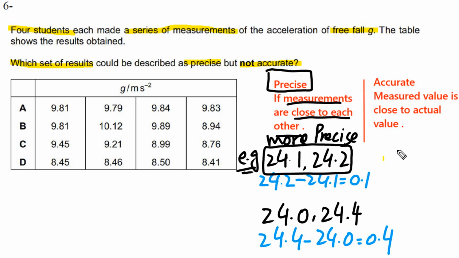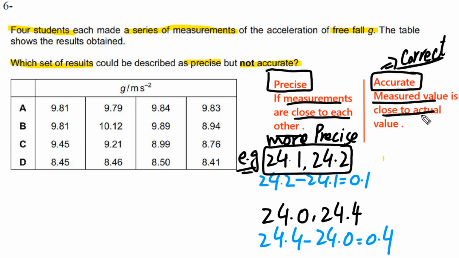The second thing we need to understand is accurate. What's the meaning of accurate? Accurate simply means correct, in common language. It means the measured value is close to the actual value, not exactly equal.